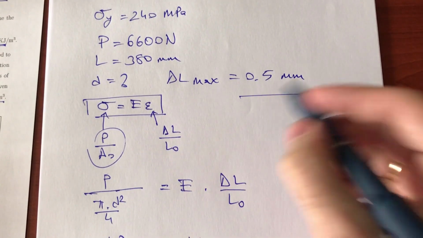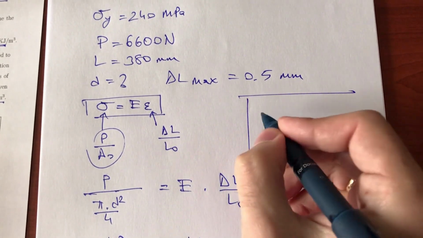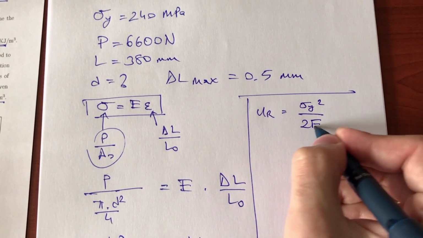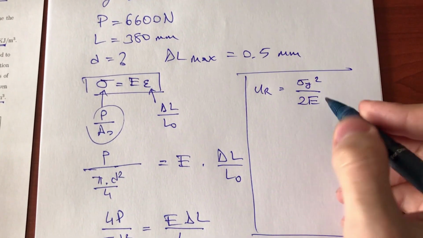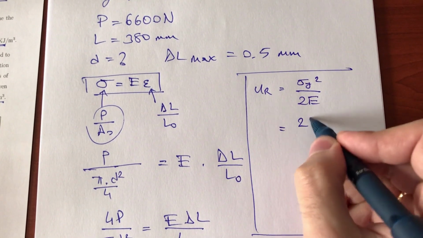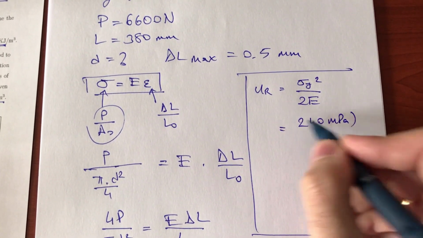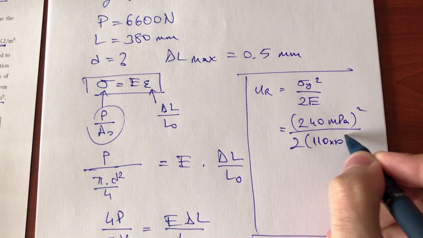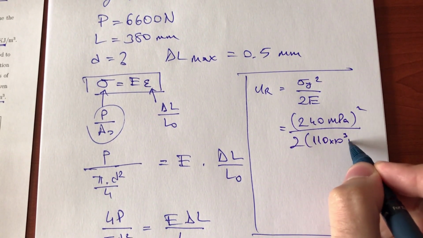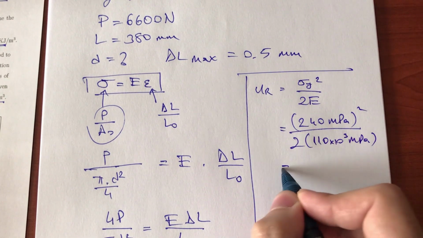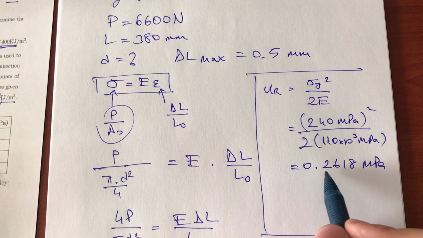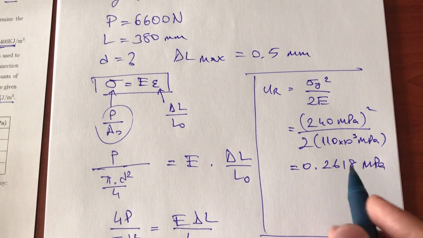Also, let's calculate the second part of the question here, resilience. Sigma y squared over 2 times Young's elastic modulus, 240 megapascals squared divided by 2 times 110 times 10 to the power 3 megapascals. That will give you 0.2618 megapascals.